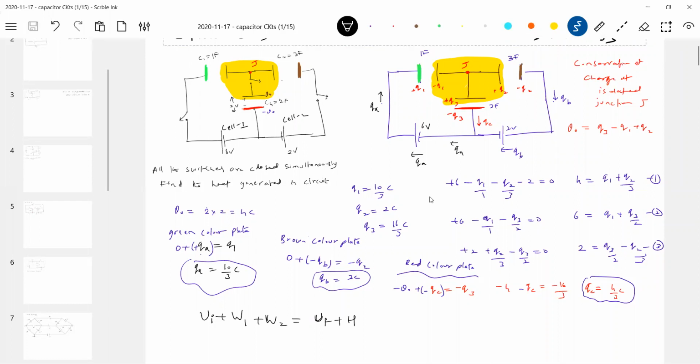If work done by an extra agent comes, that work by the extra agent has to be included here. See, in this problem also, I can pull this plate. I'll be doing work. So you are going to bring in work done by the extra agent and work done by the cell. This is a generalized formula.